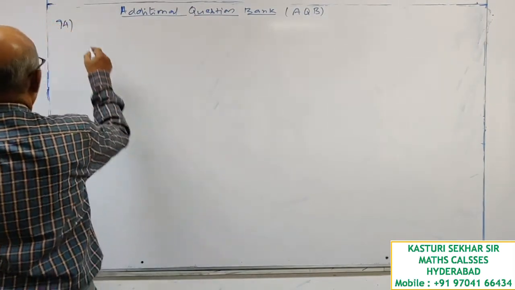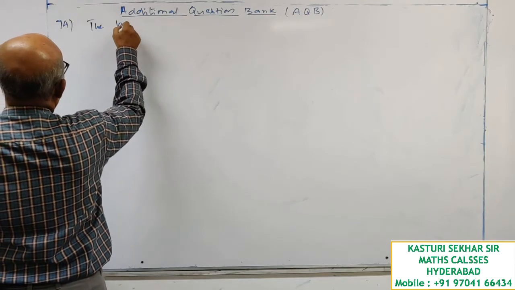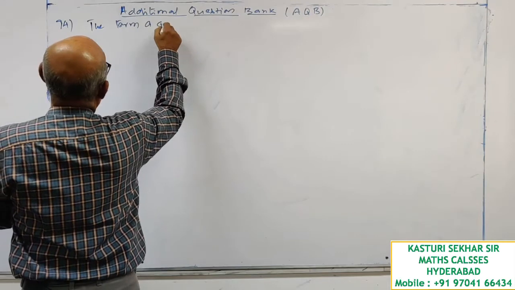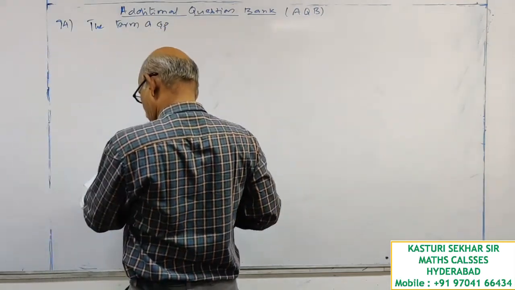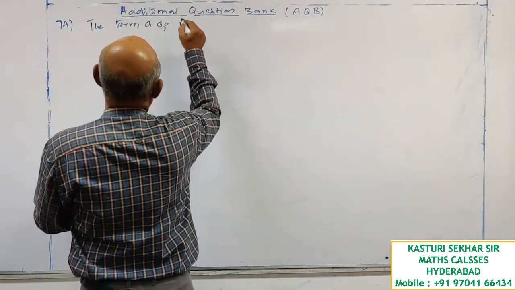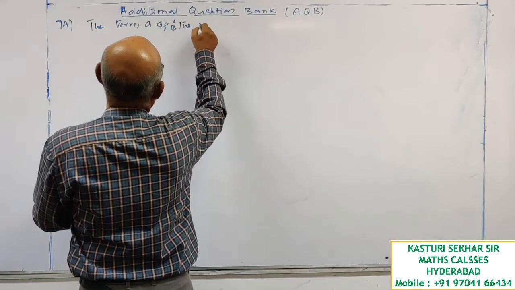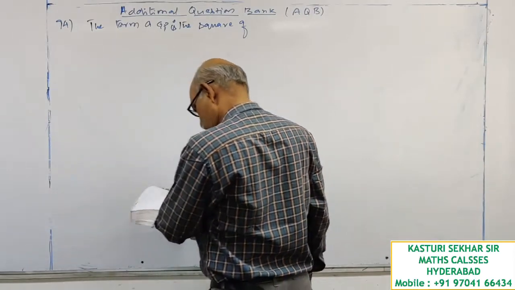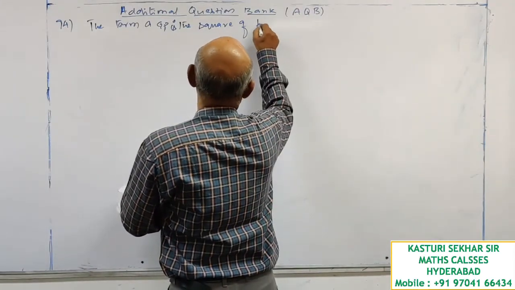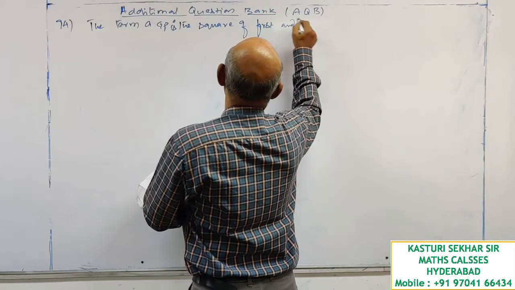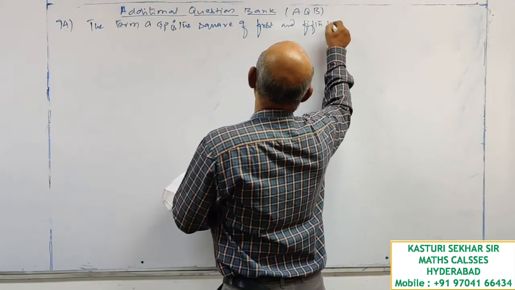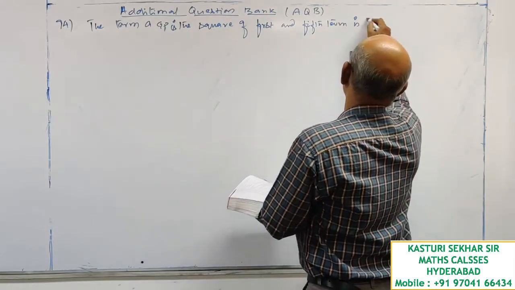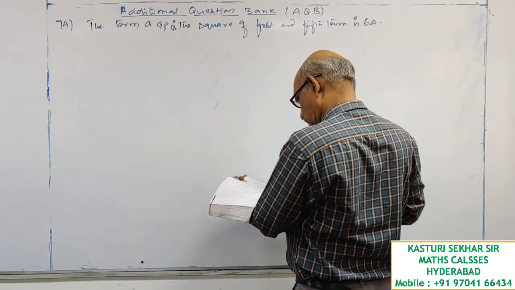The third term of a GP is the square of the first, and the fifth term is 64.